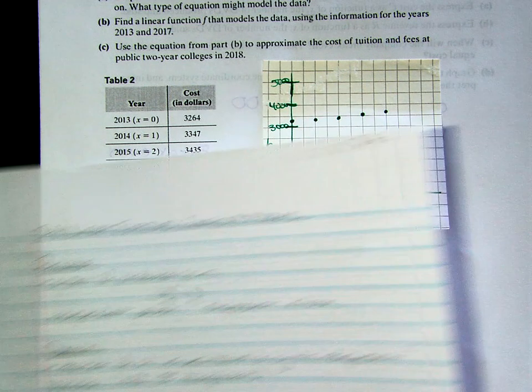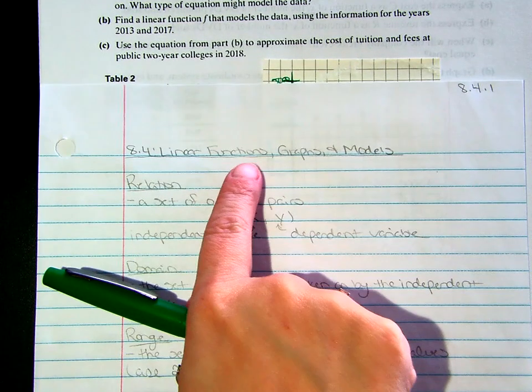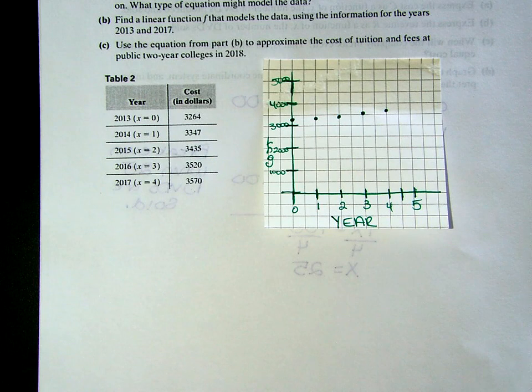It's not perfect, right? Each year, the cost is not going up exactly the same, but it's pretty linear. So we could represent this information as a linear equation to give a rough estimate of what the cost of going to college here is going to be, let's say in year 10 or year 20, because it is going up almost linearly. So that's the point of graphing it, so that we can see whether or not it is following a linear pattern, and it kind of is.